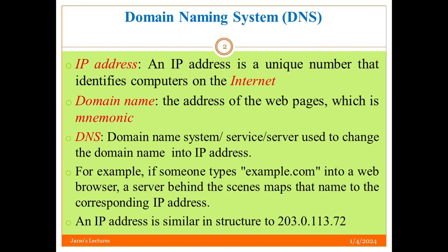A domain name is the name which we can use in place of IP addresses. As I have said, IP addresses are unique numbers that identify computers on the internet. Each and every device within the internet must have an IP address.